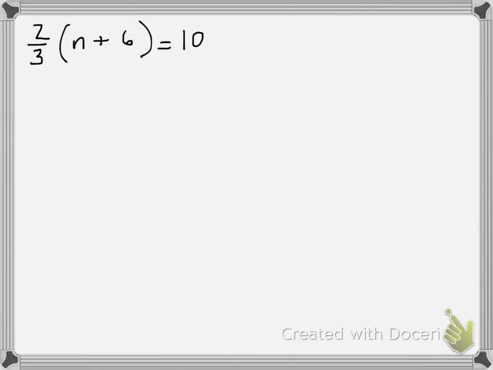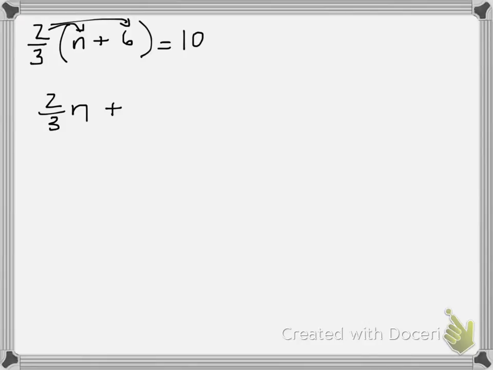Alright, next one. 2/3 times the quantity n plus 6. So I'll start out by distributing, which means I'll multiply against the things that are inside my parentheses. Well, 2/3 times n is 2/3 n plus 2/3 times 6.